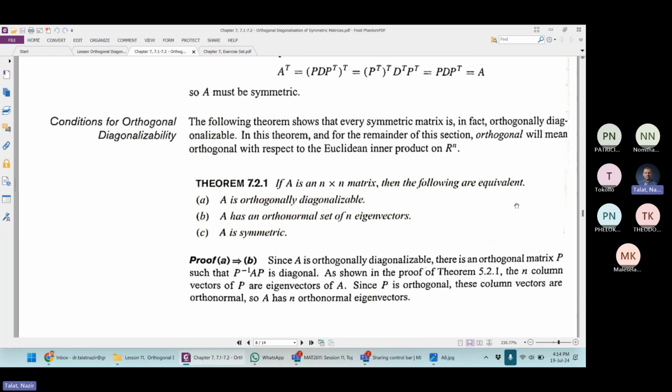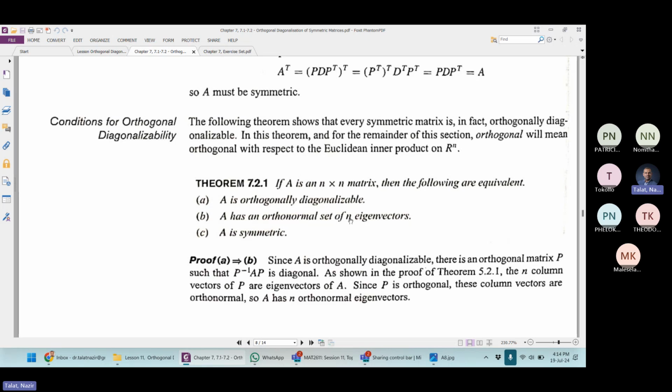Now, this is also a useful result: if A is orthogonally diagonalizable, then A has an orthonormal set of n eigenvectors. Orthonormal means all of its vectors are orthonormal, meaning their self inner product is 1, and their inner product with each other is equal to 0.